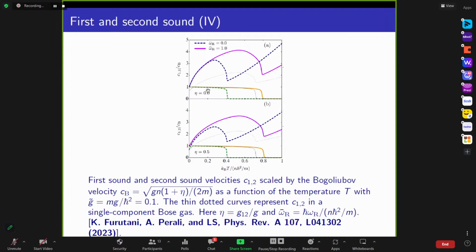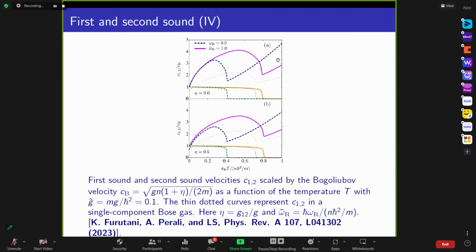What is important to say is that the second sound goes to 0 at the critical temperature, and above the critical temperature it disappears, while at the critical temperature the first sound changes strongly. However, also above the critical temperature it remains finite.